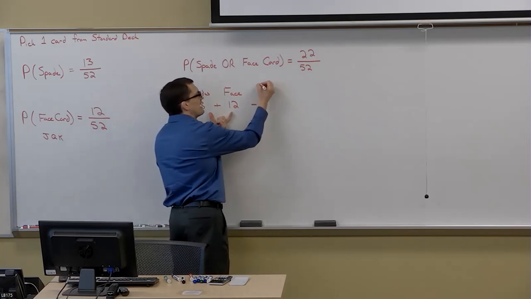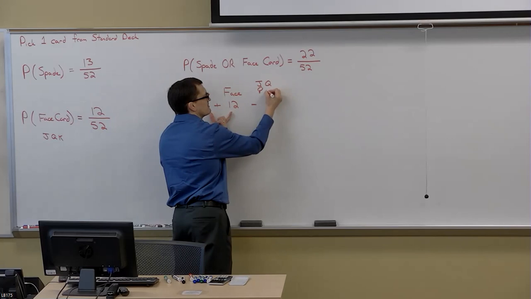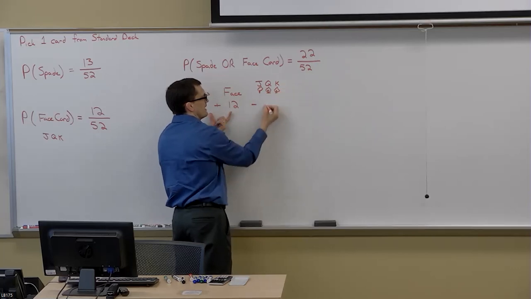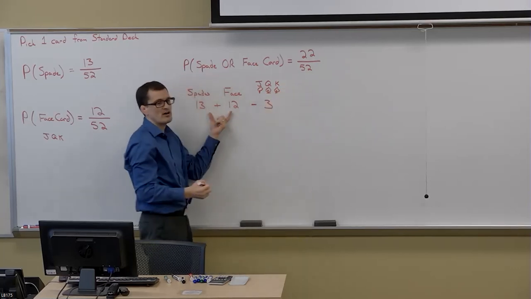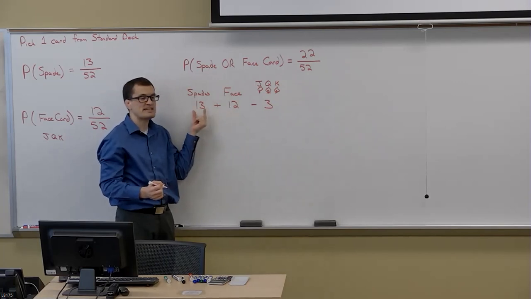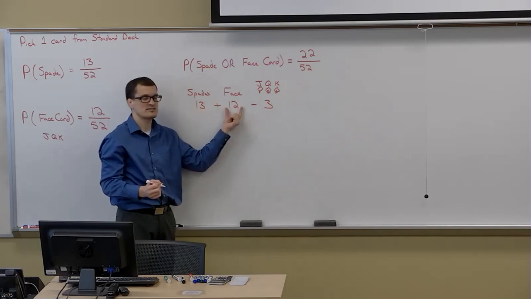So the jack of spades, the queen of spades, can't draw a spade very well. There you go. And the king of spades, right? Those 3 cards have already been counted in here. So I need to take them out of this pile, essentially.